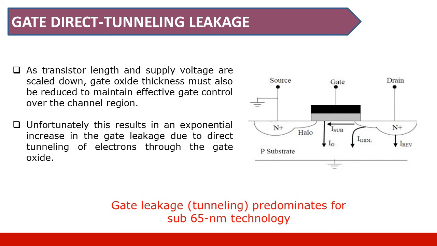Because now the oxide thickness is very small, so the electron gains enough energy to tunnel through, or due to some defects present in the oxide, the electron can tunnel through the insulating oxide layer towards the gate, which is basically a reverse type of current.